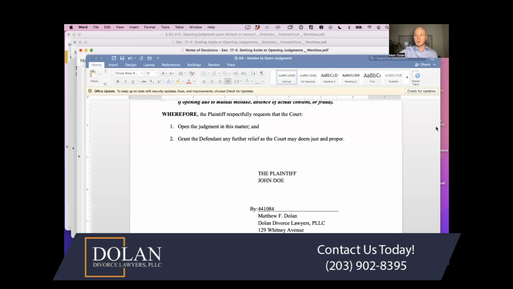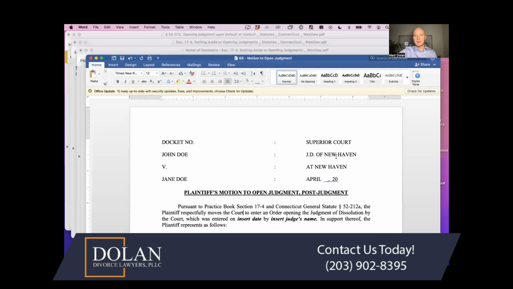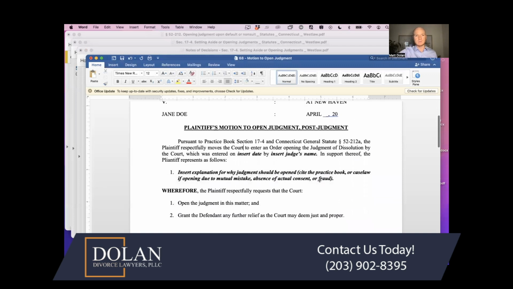And let me show you the practicals of what a motion looks like and how the process works. It's pretty basic: you just put, plaintiff's or defendant's motion to open the judgment, and then you cite the practice book section or Connecticut general statute. You respectfully move the court to enter an order opening the judgment of dissolution by the court, or again, it might not be a dissolution, it might be a custody case, which was entered on, insert the date and the judge's name.